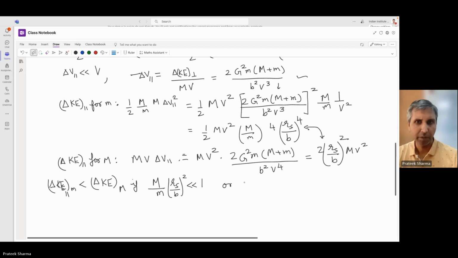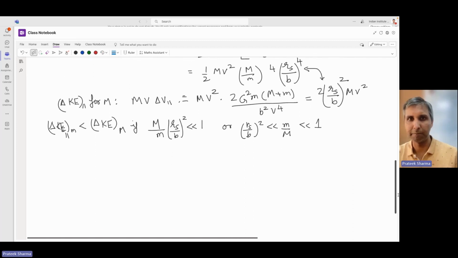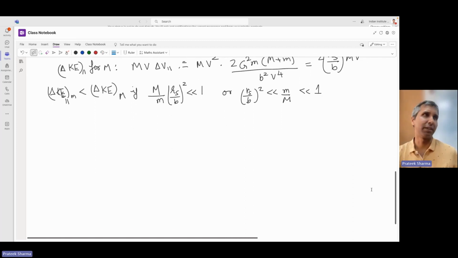Or Rs by B squared is much less than capital M by m, much less than 1. So we are anyway assuming small m by capital M much less than 1. A star is of course much less massive than a galaxy or a globular cluster or whatever. Okay.